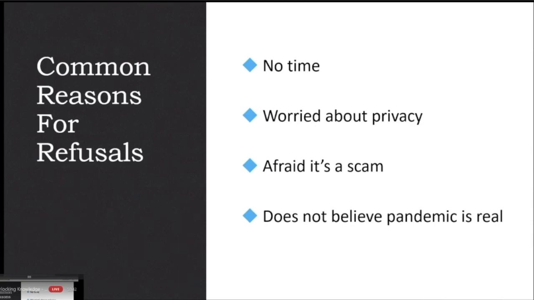Some are worried about their private information, as I mentioned. They fear that their personal identifying information could be compromised in a scam. They may believe we have some ulterior motive. They may even align themselves with a certain political ideology, which promotes the idea of the current pandemic being a hoax.